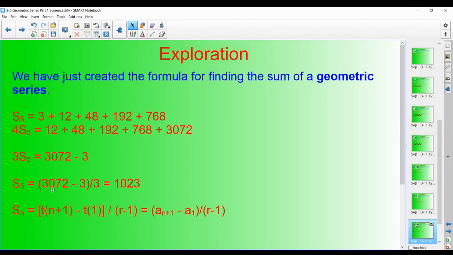So once again, this 3072 is the term after the last one. This 3 is the first term. And we got this 3 up front by doing 4 minus 1, so r minus 1. This is how I like to think of the formula. I need the term after the last one, the first term, and then I need r.